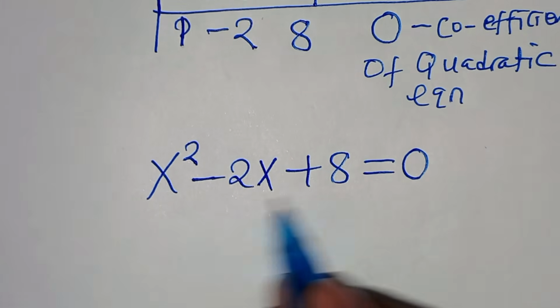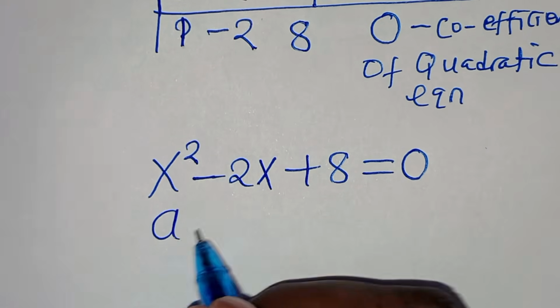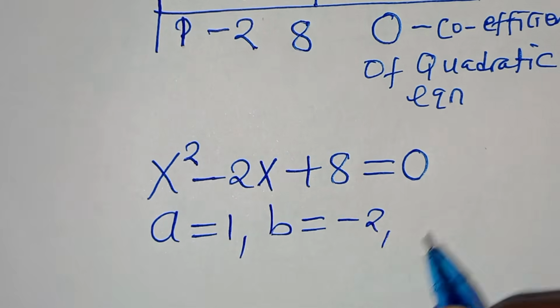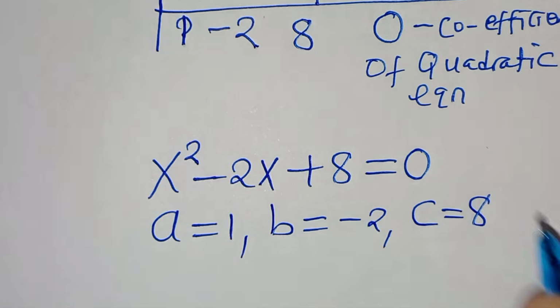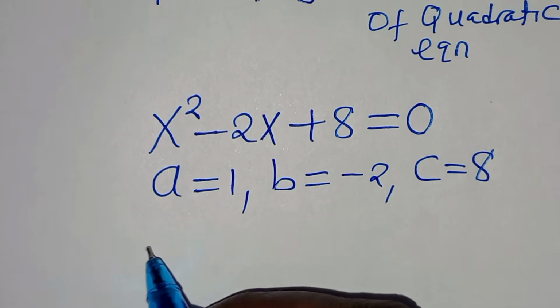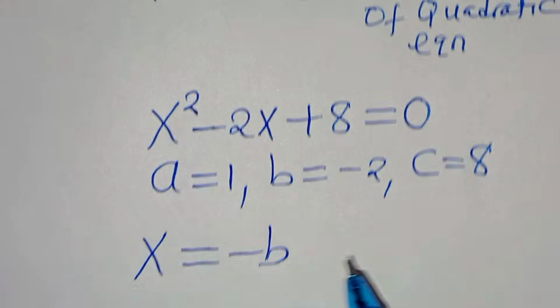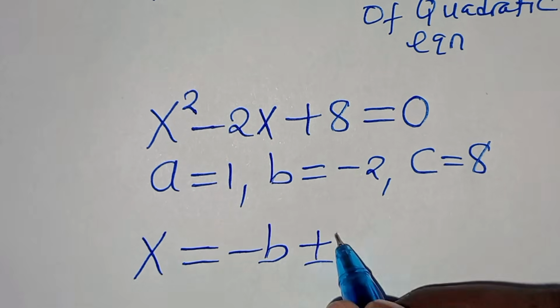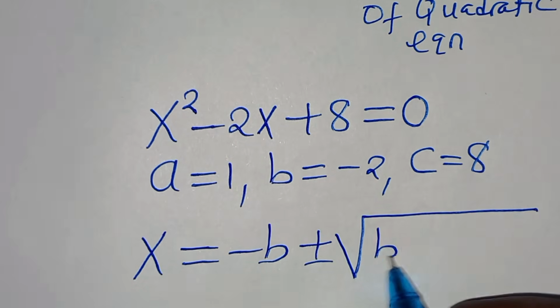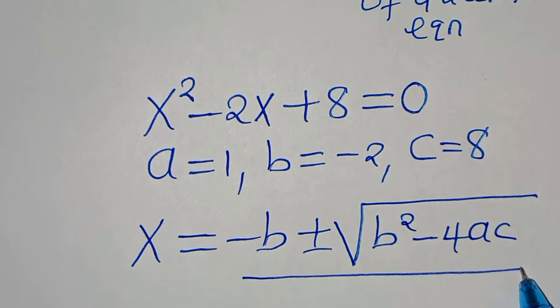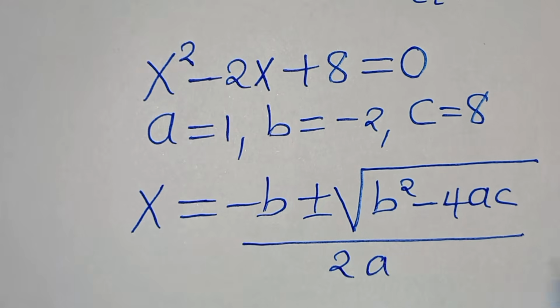Now this is a quadratic equation where a is equal to 1, b is equal to minus 2, and c is equal to 8. We can solve for the values of x by applying the quadratic formula, which is minus b plus or minus the square root of b squared minus 4ac, everything divided by 2 times a.